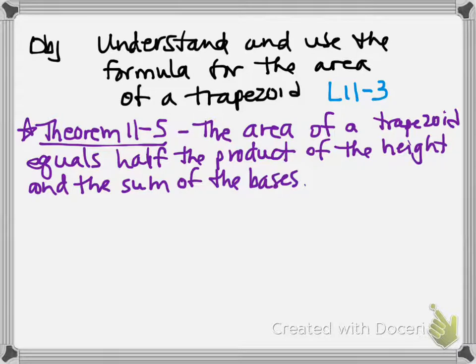In other words, A equals 1/2 h times the quantity B1 plus B2. So I kind of want to investigate this a little bit so that you can see where this formula comes from.